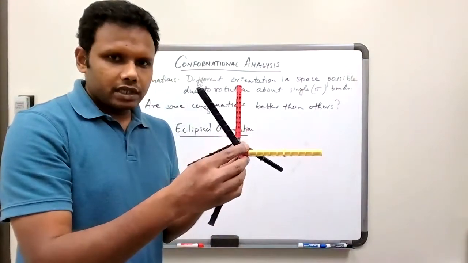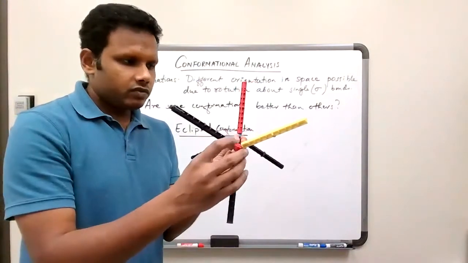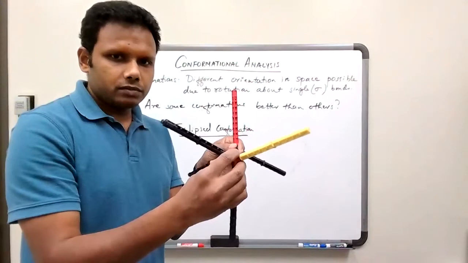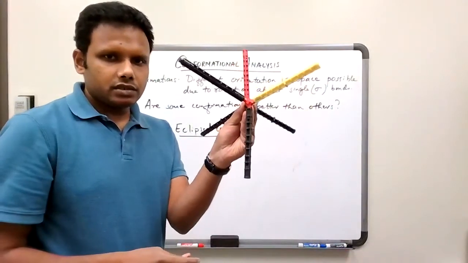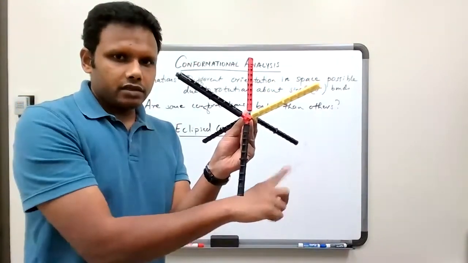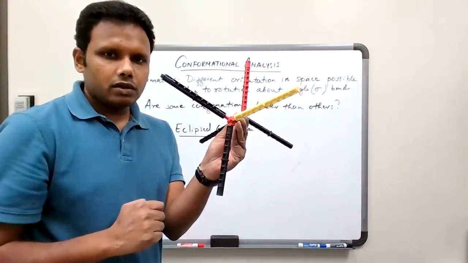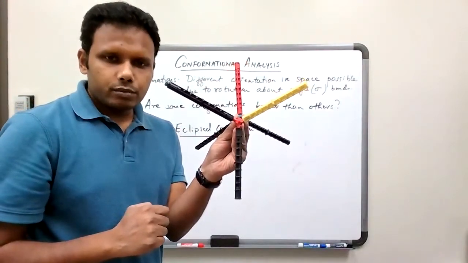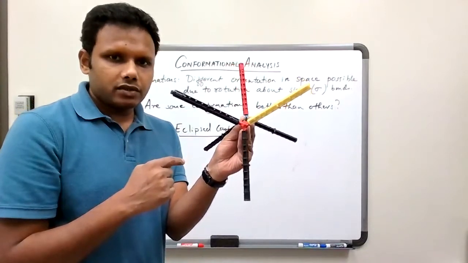So when it is exactly halfway between the two, equidistant from the red and the black, the yellow is between the two. This conformation is called a staggered conformation. I will write that term down.